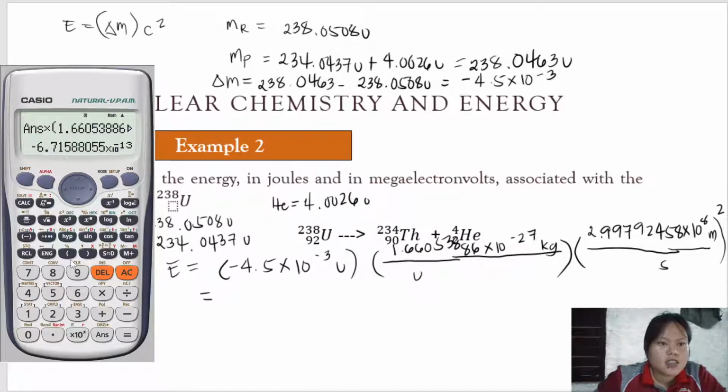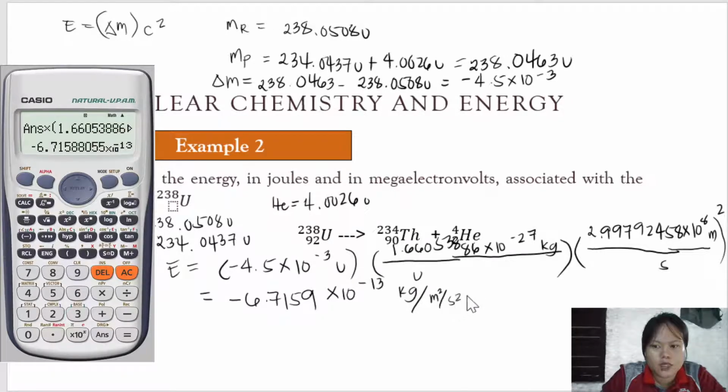That's negative 6.7159 times 10 raised to negative 13 kilogram meter squared per second squared, or negative 6.7159 times 10 raised to negative 13 joules.